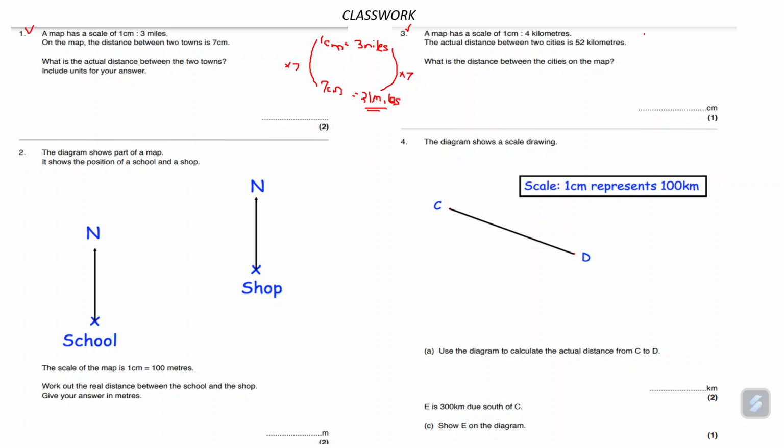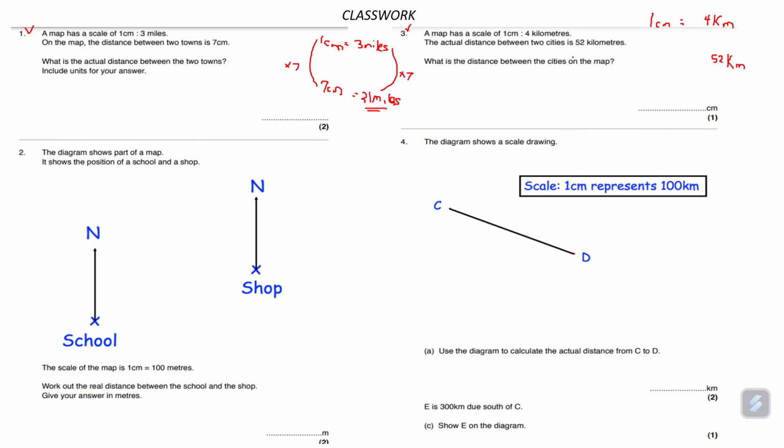Then we look at question number 3 again. A map has a scale of 1 centimeter represents or equals 4 kilometers. The actual distance between the two cities is 52 kilometers.